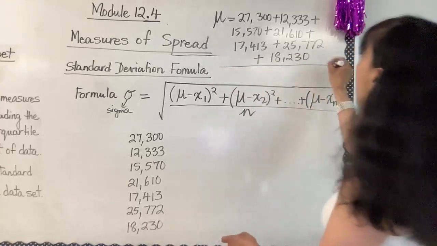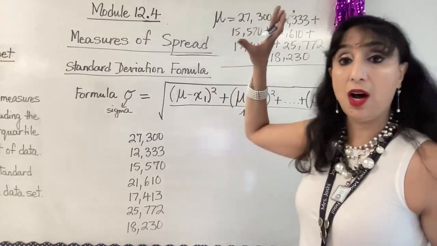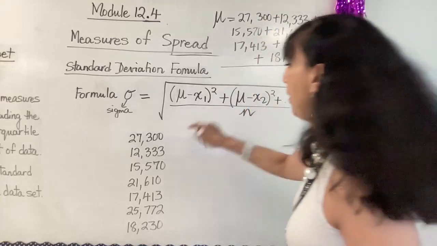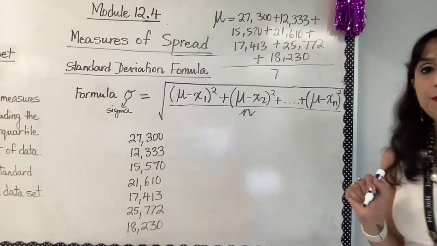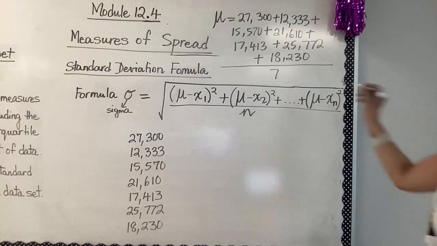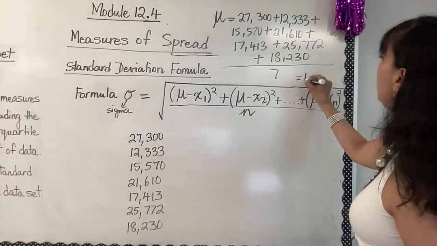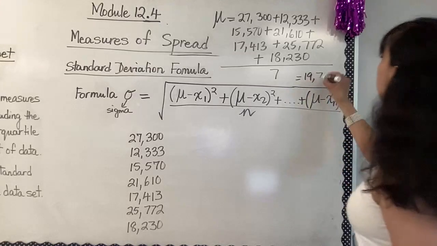And I'm going to take the sum of all of this to find the mean. I add all the data and I divide by 1, 2, 3, 4, 5, 6, 7, by 7. Okay, so when I use my calculator, I am going to get, this is equal to 19,747.